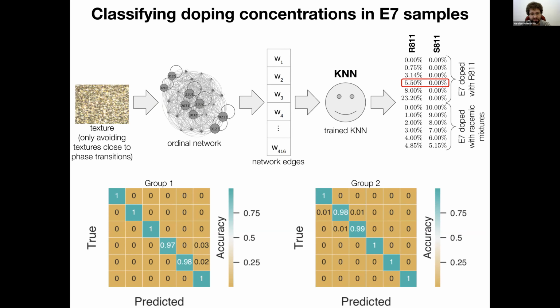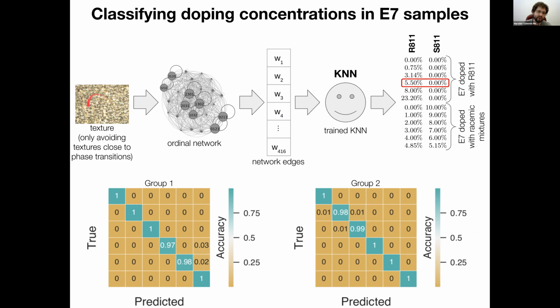In another classification, we used a similar approach to predict the doping concentrations in our E7 samples. As I told you before, we have two kinds of E7 samples. Group 1 is only doped with R811, and group 2 is doped with racemic mixtures of R811 and S811. That's what I'm showing here. The idea this time is to predict the doping concentration just from the texture.